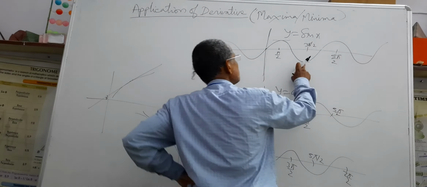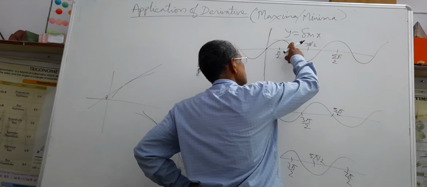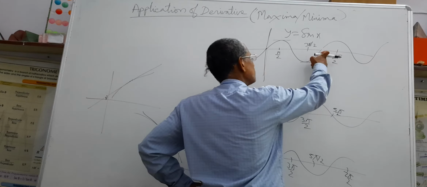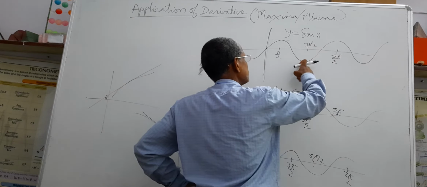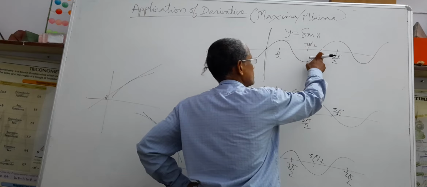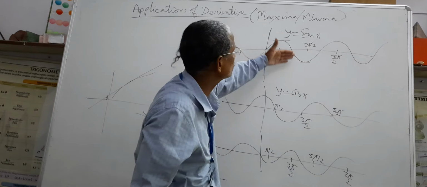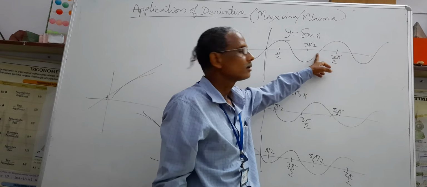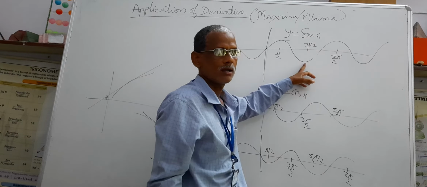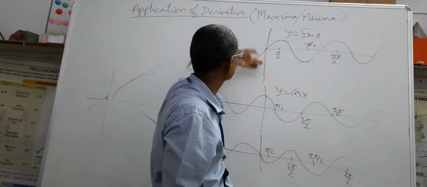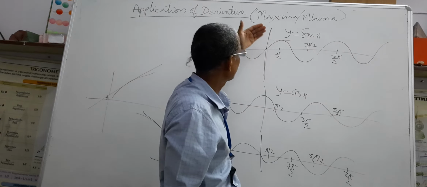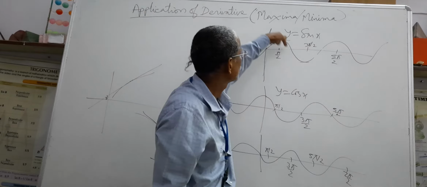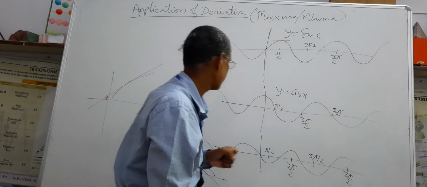Here again see that rate of change is negative, become 0, then become positive. If dy dx changes its sign from negative to positive, that point will be minimum. But if dy dx changes its sign from positive to negative, it will be maximum.